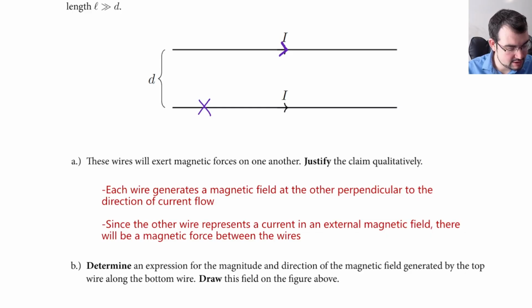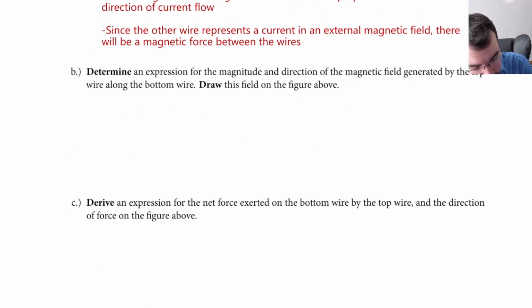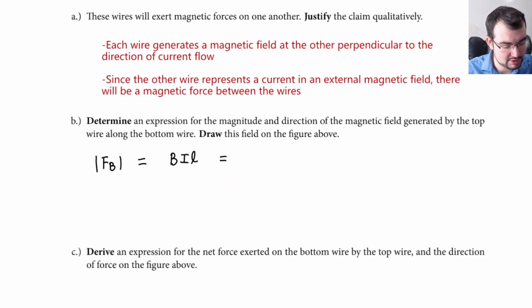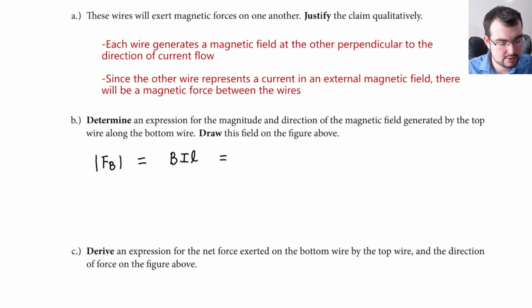So first, let's get the magnitude. So it's BIL. And both currents are I, so I didn't make a distinction. So we weren't given B, but we actually know what B is.